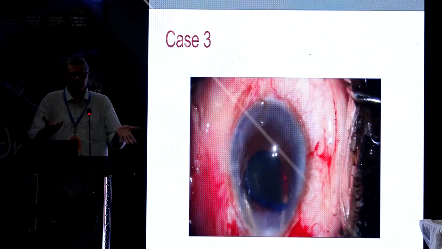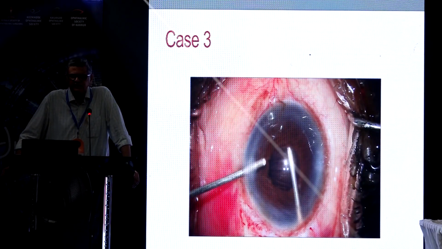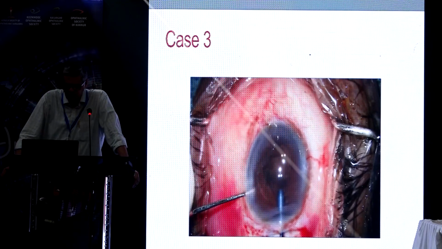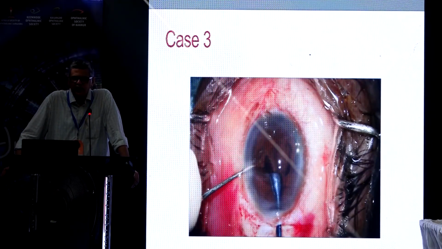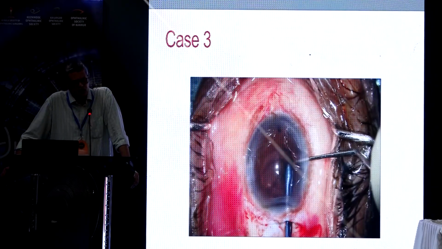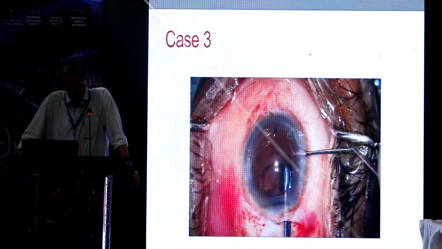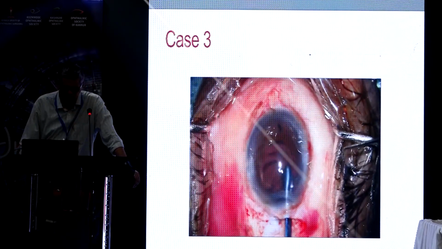Just with 2 hooks, just like you take out a rhexis during an SICS, this entire nucleus came out. I did a limited anterior vitrectomy, an inferior temporal iridotomy, and went ahead and did an iris claw. In this sort of situation, I personally felt that this was the safest way in which this eye could be managed.